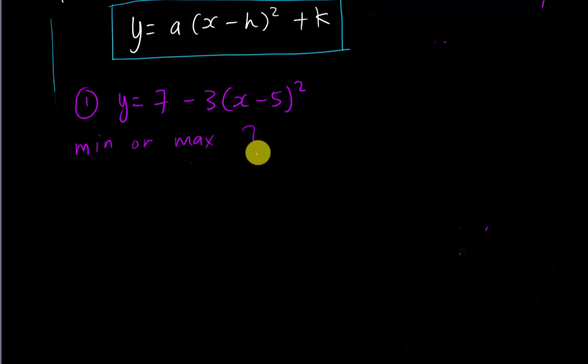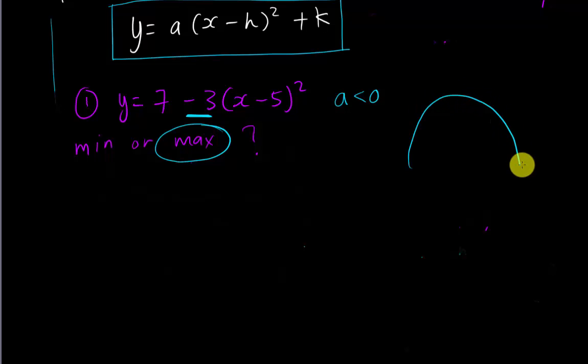Minimum and maximum always depend on a. In this case, a is the value beside the bracket squared, which is negative 3. If a is negative 3, we know a is less than 0, because it's a negative value. If less than 0, it will be a sad face, so you will get a maximum. So from this equation, I know my shape of the curve will be n. Then my second question.